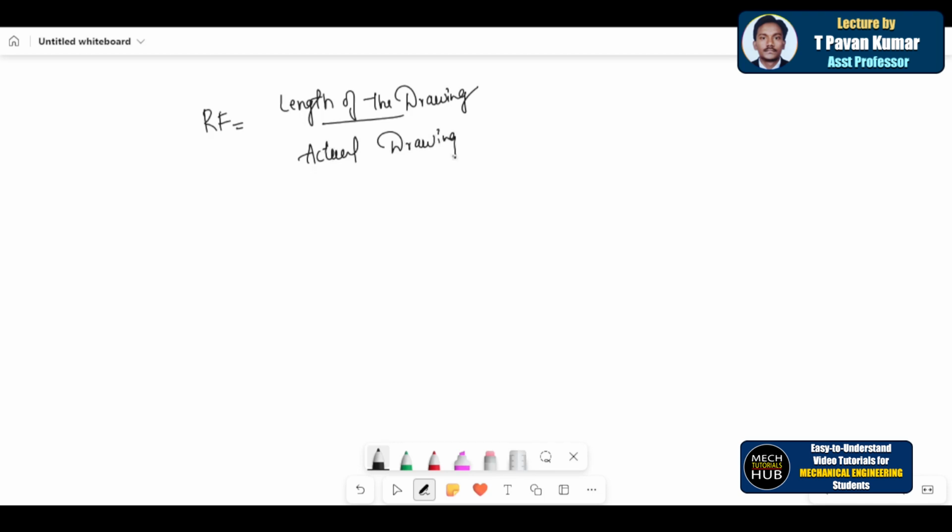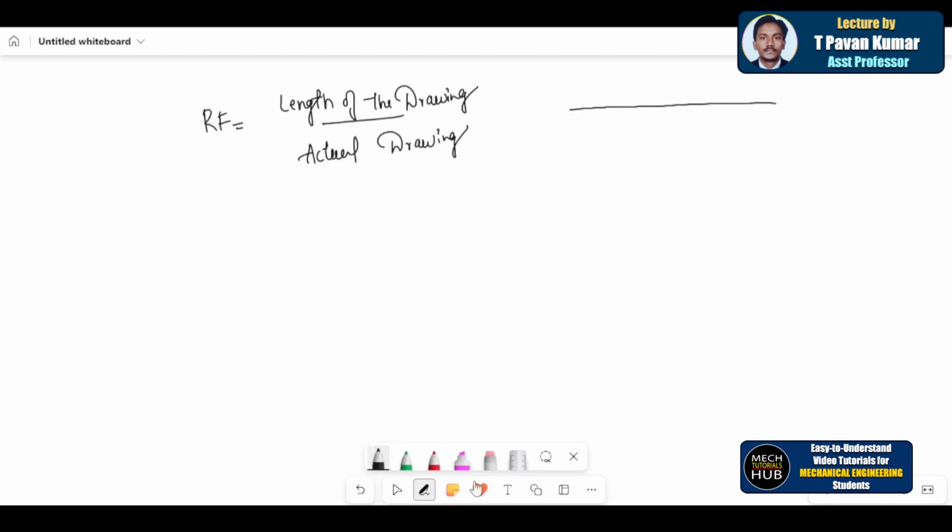All right, this is what the formula is. So actual drawing length will be given, accordingly we will convert length of the drawing by actual length or actual drawing. Now whatever might be the units given, try to convert length of the drawing or actual drawing into centimeters, as we can measure only centimeters and millimeters with whatever scale exists.